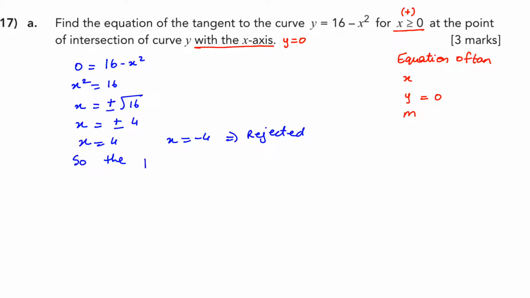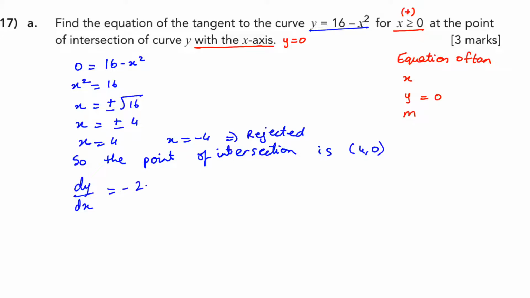Sorry, 4 and 0. So the point of intersection is 4 and 0. Now we need to find the gradient of this equation. So the dy over dx is equal to negative 2x. Substitute in place of x 4. Your gradient is negative 8.